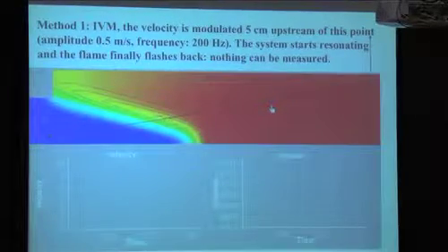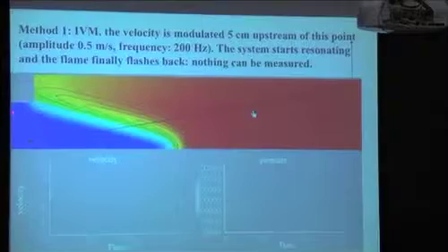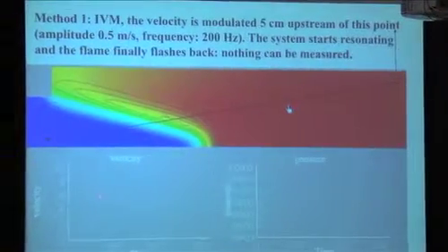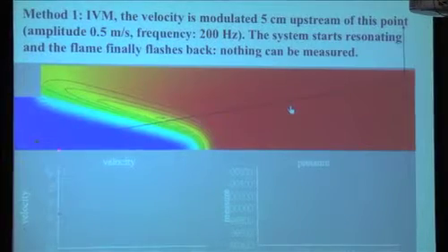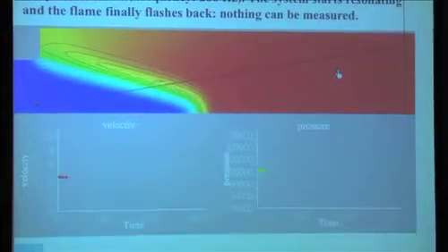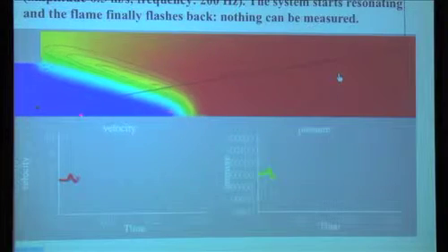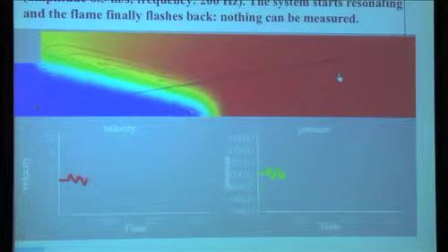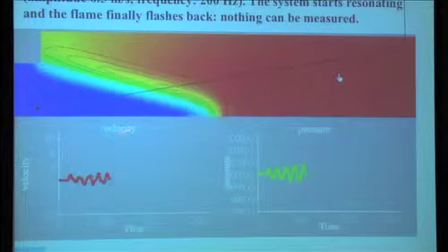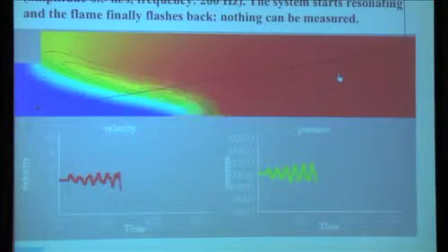So let me give you the first example where we actually impose here a velocity in a hard way, which is oscillating. We impose here the velocity to be sine omega t. And we plot here the velocity at that point and the pressure at that point versus time. So this is what's happening when you start oscillating the inlet here. The flame starts oscillating, but it sends waves back. These waves are reflected, come back, and they start playing their own game here, independently of what you do.